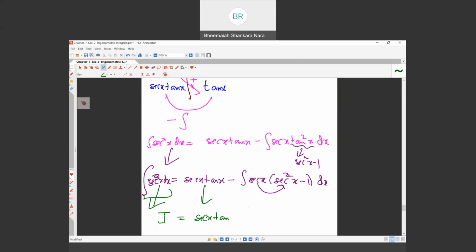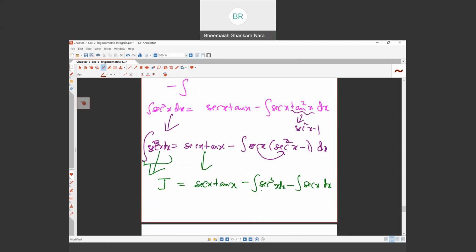When you multiply this integral, you have secant cube x. And again multiply, you have secant x dx. This secant x dx here is your integral. Integral j. Now you're good to add a plus j on both the sides.